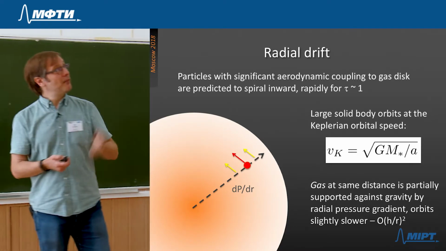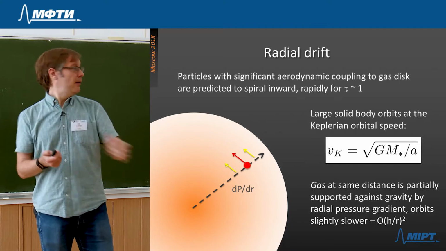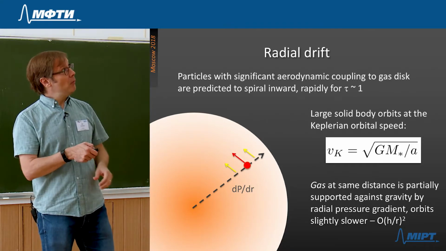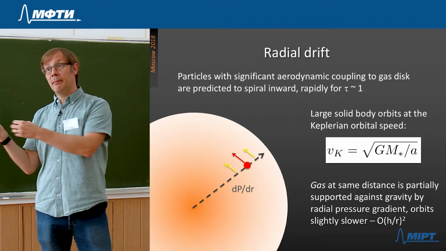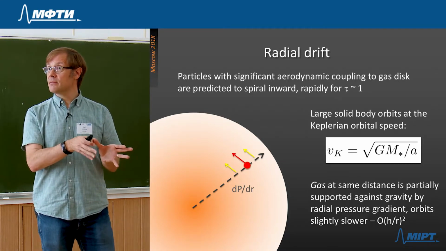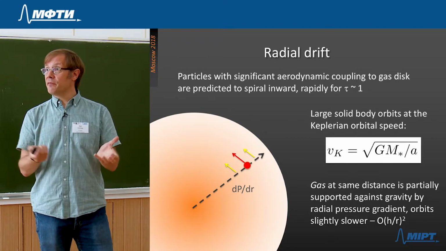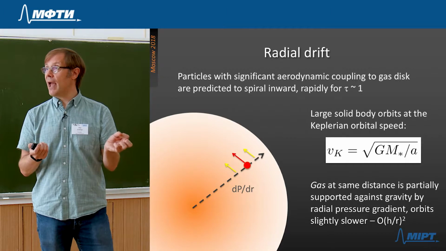Now, if we have a very small object, the argument has to be a little bit different. Suppose we have a dust particle with tau sub s much less than 1. In that case, it won't be moving at the Keplerian speed, because the tight aerodynamic coupling means it will be swept around at the same speed as the local gas. The particle doesn't feel the gas pressure gradient, even though it's moving at the same speed as the gas.